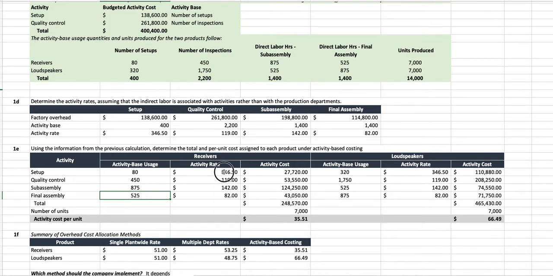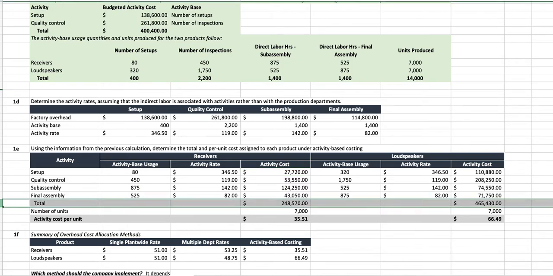I'm going to pick up those activity rates that we calculated in the previous section, and then I'm simply going to multiply it. 80 setups times $346. And so my total activity cost for setups for receivers ends up being $27,000 and some change.